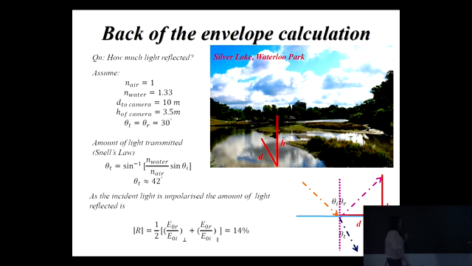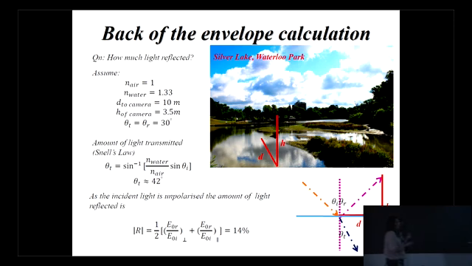So with my photo of the lake around the corner, I said, okay, if I've got a point that it's coming from, and the incident ray is at 30 degrees, how much of the incident light is actually being reflected back to me? I have a lot of assumptions, obviously, seen here.